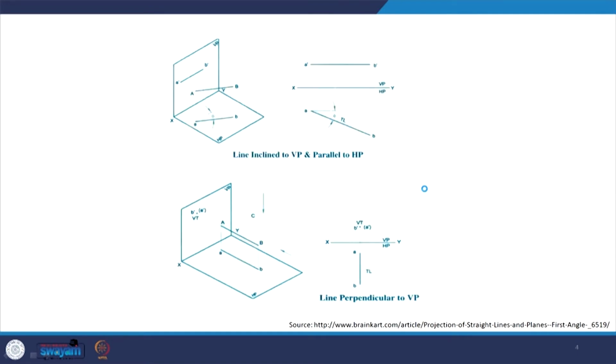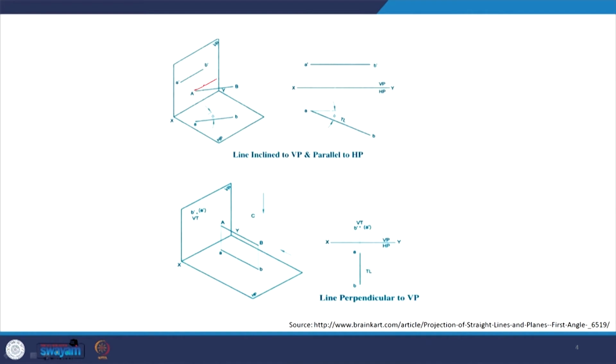Now, the line could also be making a certain angle with one of the planes. So we can have a line which is parallel to HP, but it makes a certain angle with VP. It could be in HP, it could be anywhere, but the plane in which the line is, it is parallel to HP and it makes a certain angle with VP, which is what we see here.